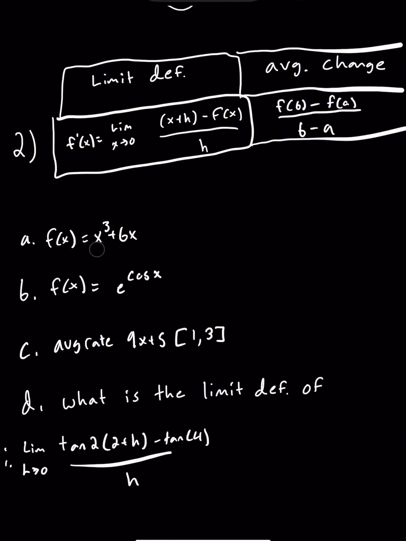Okay, so let's plug this in and add an h variable to each x. This is going to give us x plus h cubed plus 6 times x plus h on the outside, because each x is just an x plus h, and you're just plugging it in.